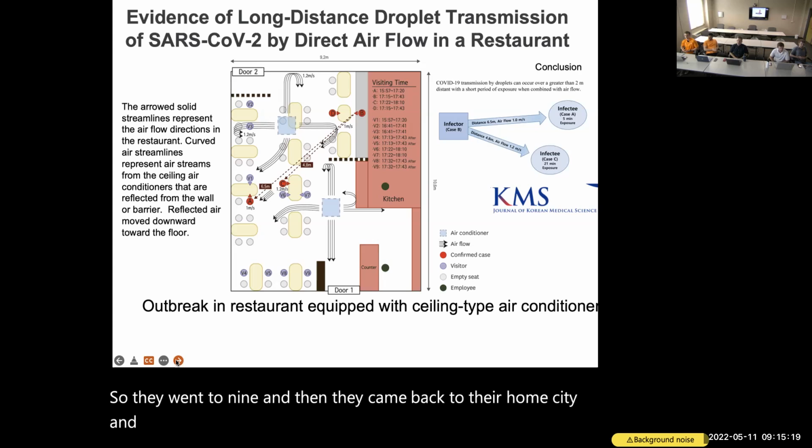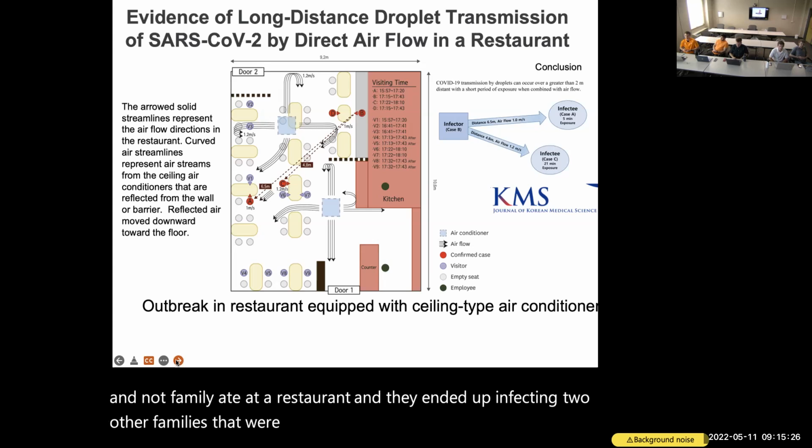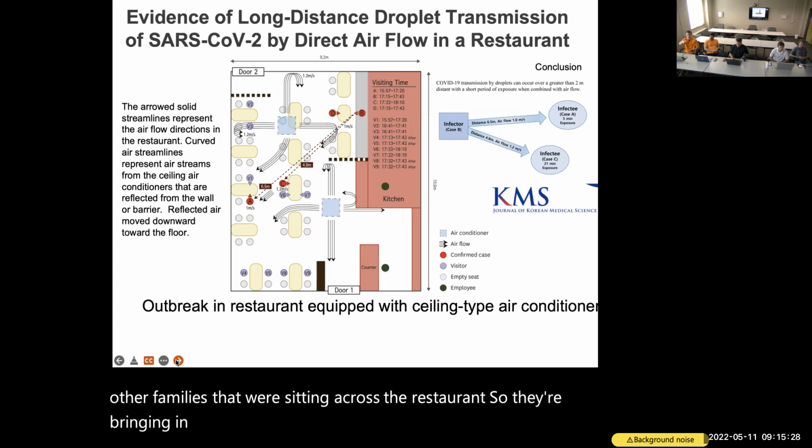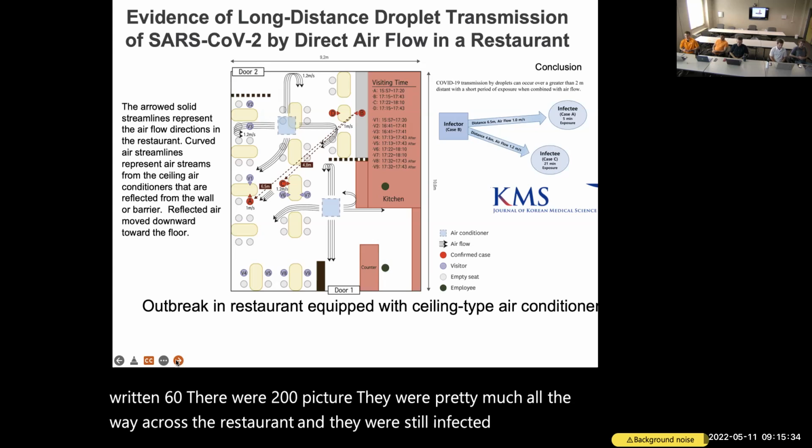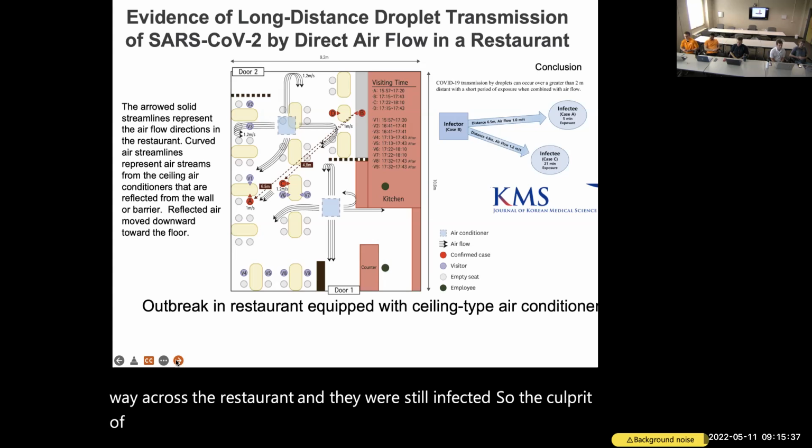That family ate at a restaurant, and they ended up infecting two other families that were sitting across the restaurant. They were further than 6 feet away, as shown in the picture. They were pretty much all the way across the restaurant, and they were still infected. The culprit of this extended distance of transmission of the virus was determined to be the AC airflow patterns.